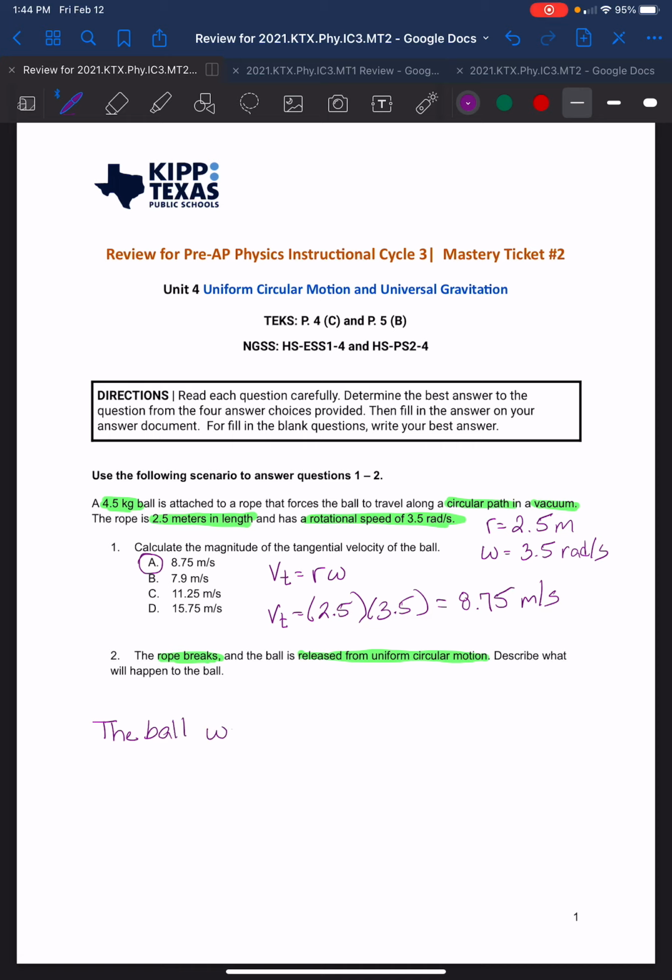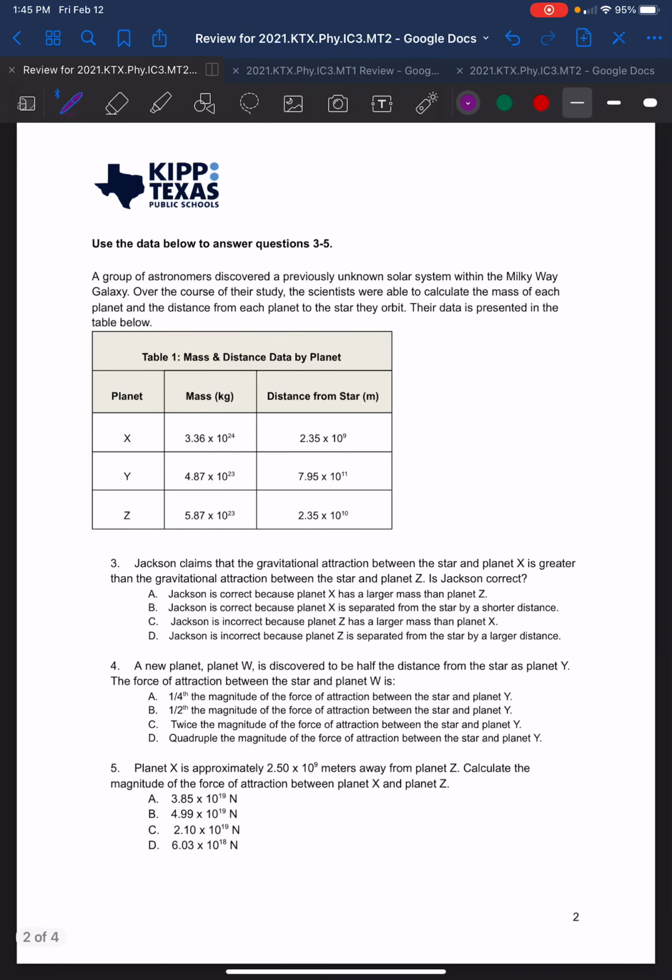The ball will travel in the direction of its tangential velocity. The ball will fly in the direction of its tangential velocity. All right, so let's move on to problem number 3.